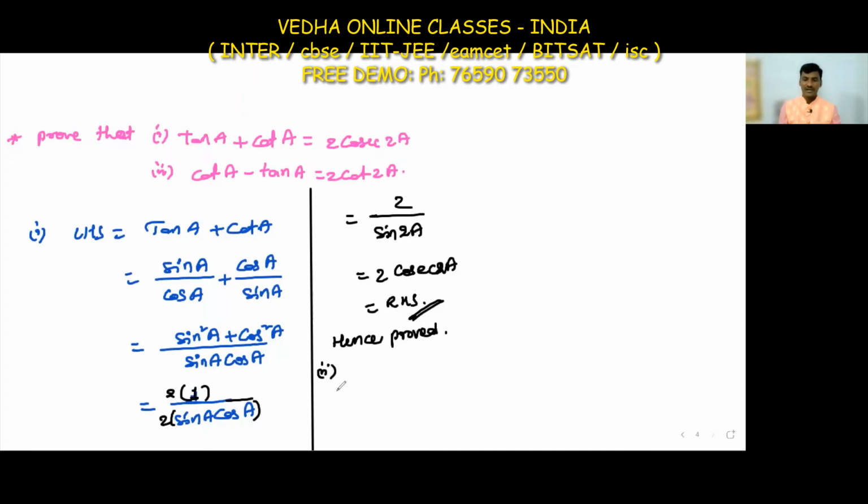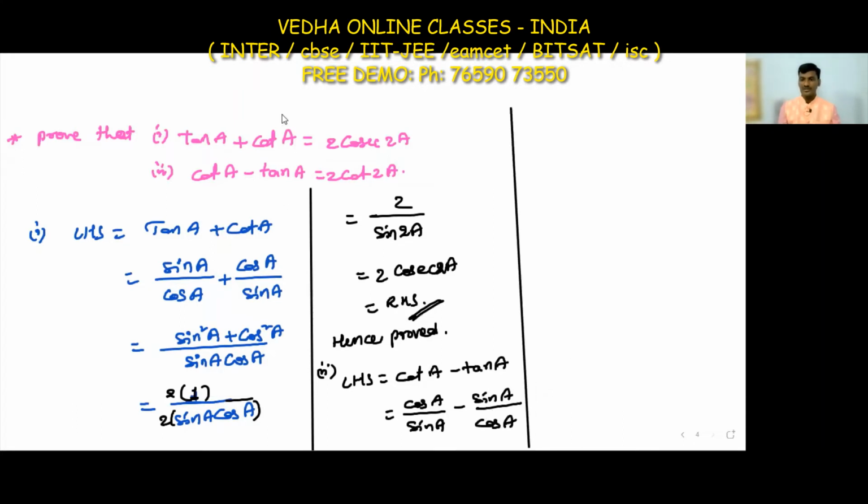Now taking the second one here. Take the LHS: LHS is equal to cot A minus tan A. What is cot A? We can write cot A as cos A divided by sin A, minus tan A which is sin A by cos A. Now what is the LCM?